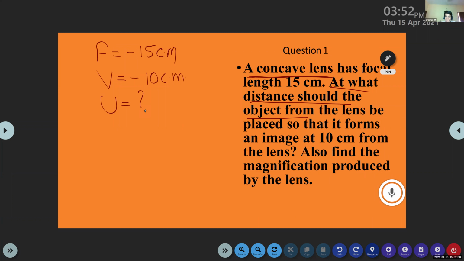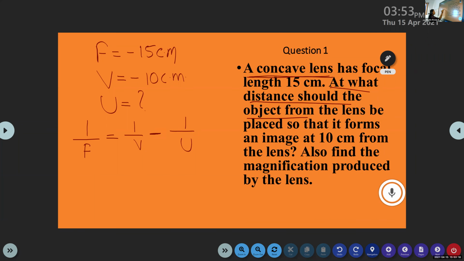Yes, we can use the lens formula. Very good. 1 by F is equal to 1 by V minus 1 by U. Here we want to calculate the object distance.